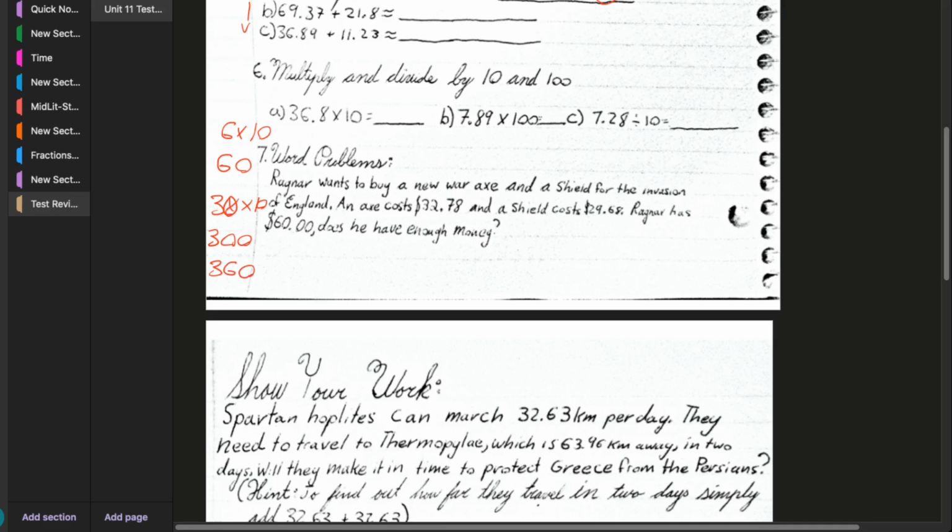360, right? And you see that in your end result number, what's happened is you've moved this number to here and this number to there. And now in our case, we have 36.8 times 10.